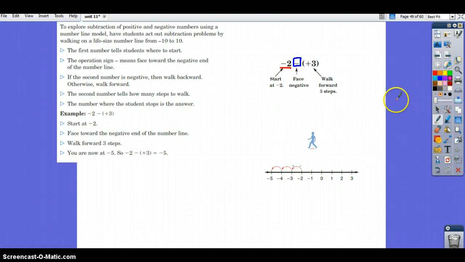The second number tells you how many steps to walk. So this is telling you to walk forward 3 steps. Where you stop is the answer. So if you look down below, we started at -2. We face towards the negative end, and we walk down 1, 2, 3 steps to come up to -5.